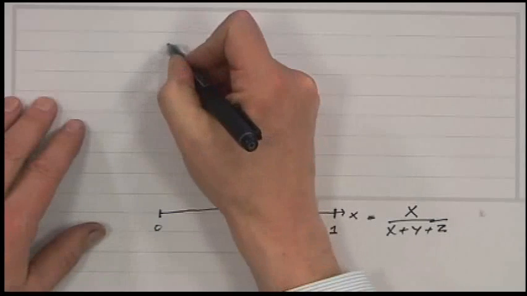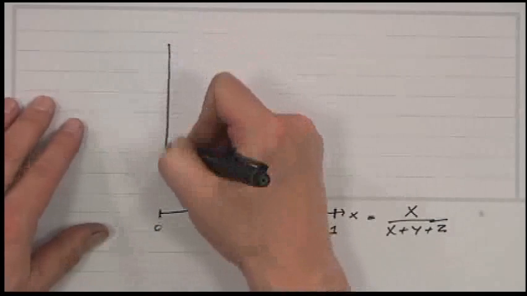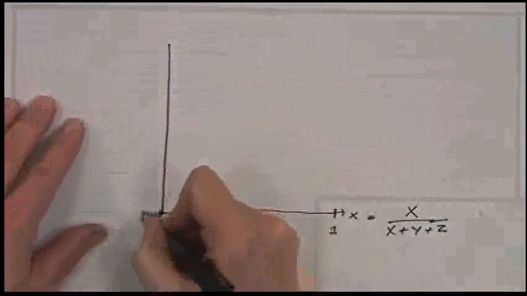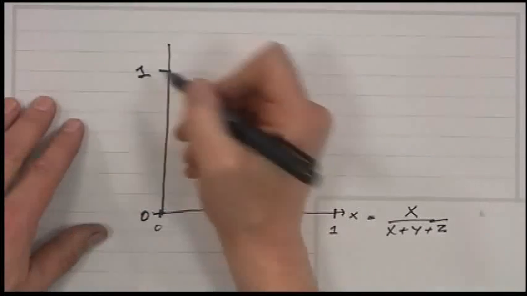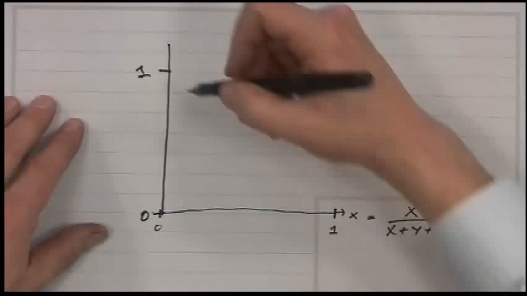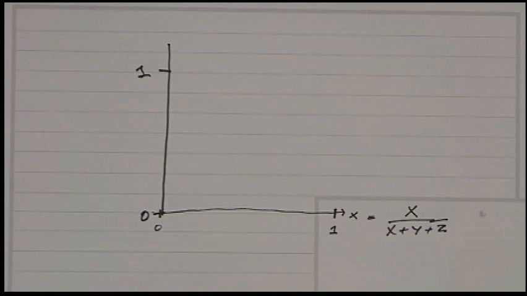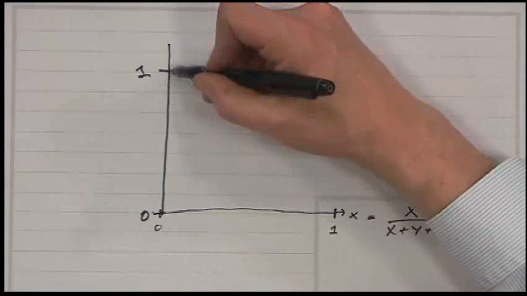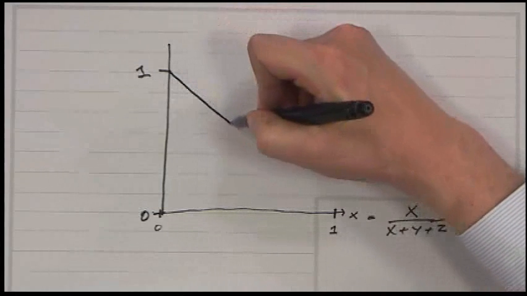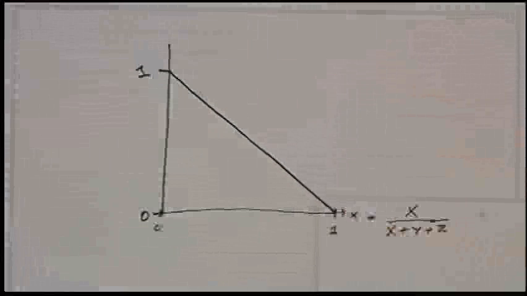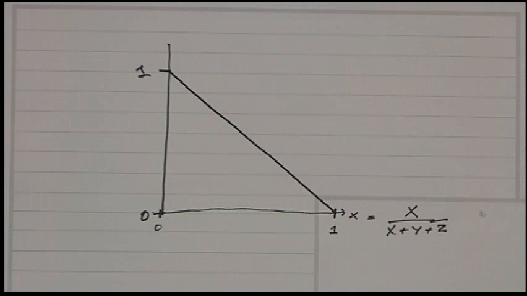And the same thing is true of Y. So this is also 0 to 1, right? Now, by the same argument, you can argue that you can't exceed a line connecting these two points, because the sum of X and Y together, if I sum X and Y, it's got to also be less than 1, right?